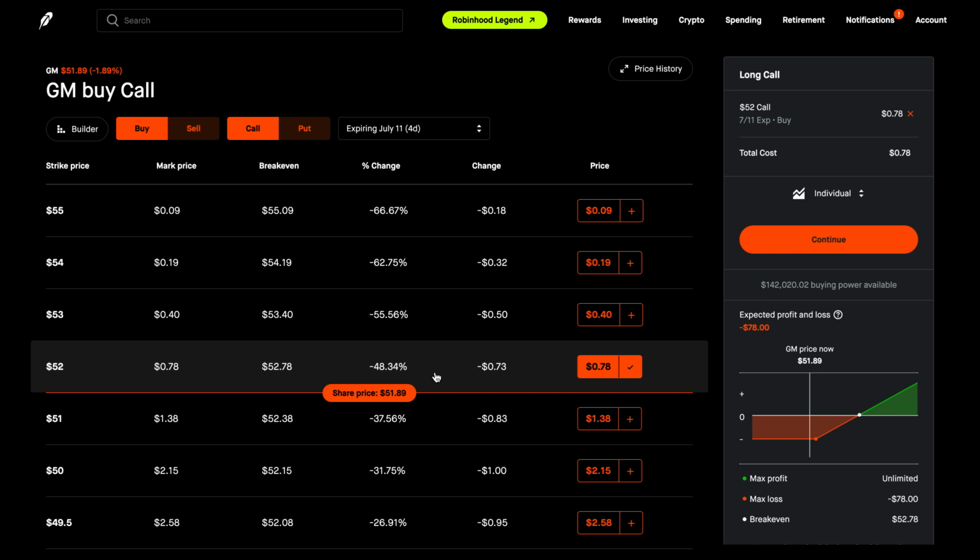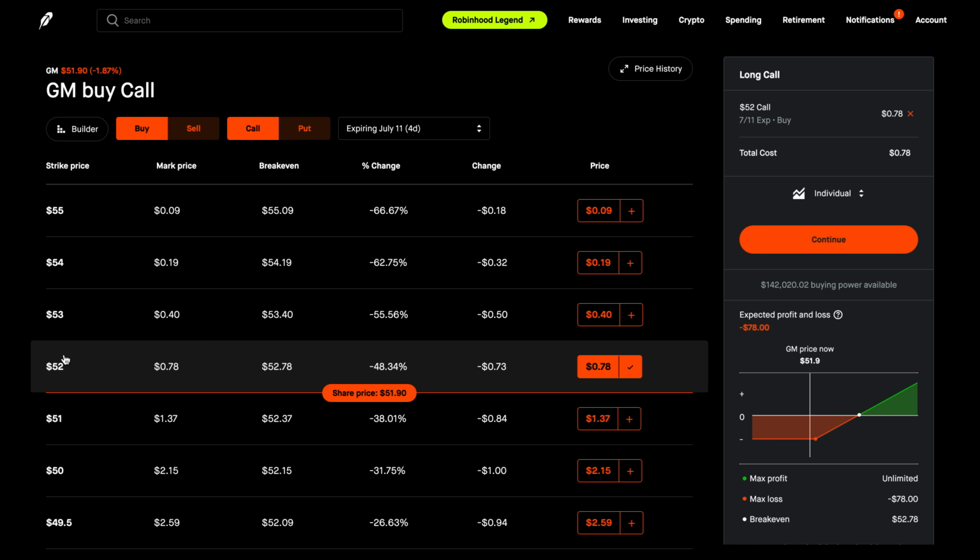So, if I buy this call, theoretically, I could exercise it anytime before expiration to purchase 100 shares of GM at the strike price I selected, $52 a share. Right now, it wouldn't make sense because the price for one share is actually less than $52. But theoretically, that's how exercising works. Or you can sell to close your call option.